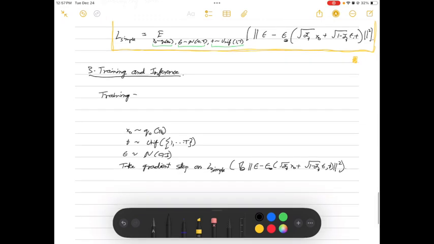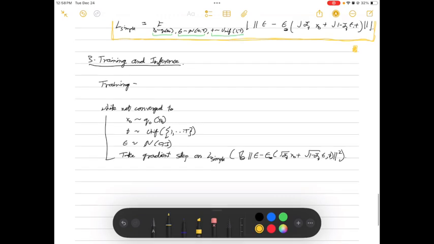So this is one step of training, and we can do this iteratively until convergence or some criteria is satisfied, let's say reaching a fixed number of epochs. And that's the training algorithm.